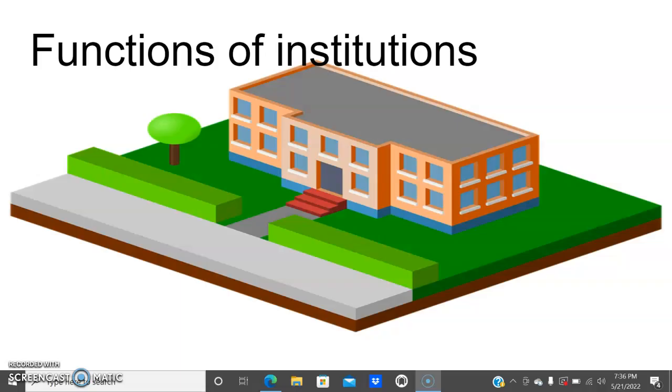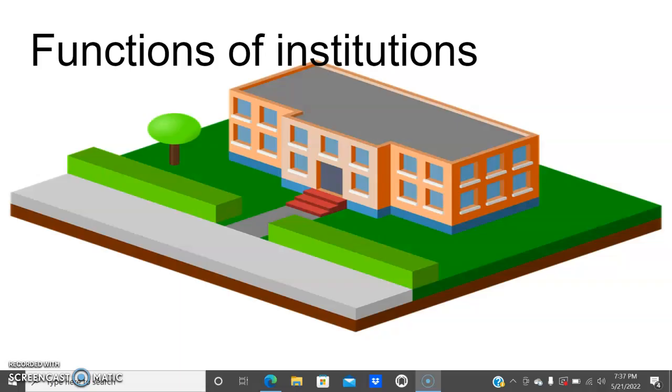You could also write religion as the different examples of institutions. And each of these institutions has its functions, which is a broad topic that we should be concentrating on, the functions of institutions.